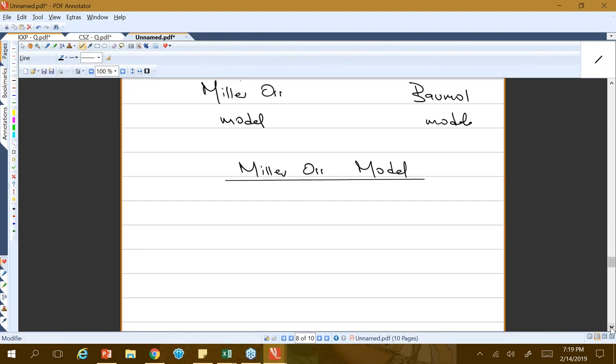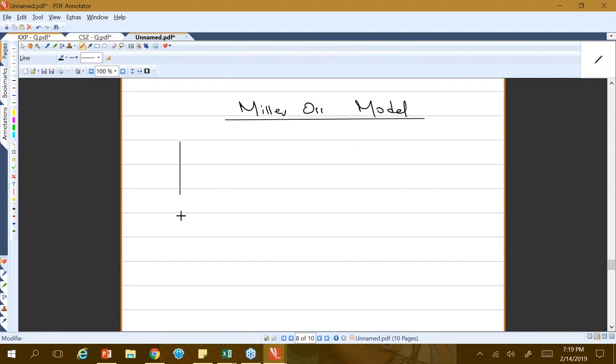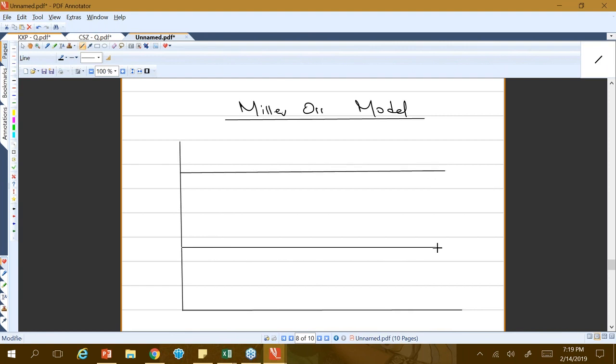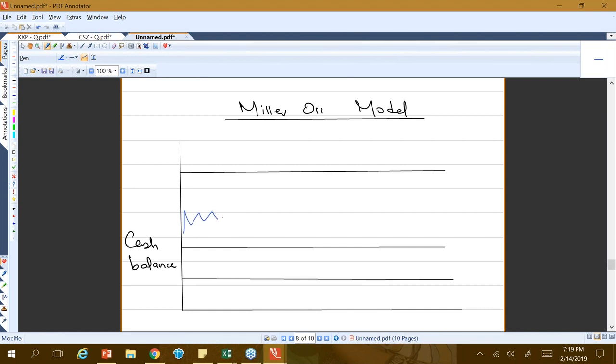In the Miller-Orr model, I can explain it using a bit of a diagram. This is your cash balance, and this cash balance goes up and down.